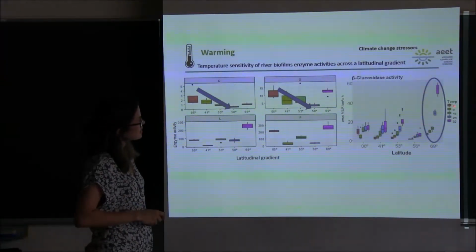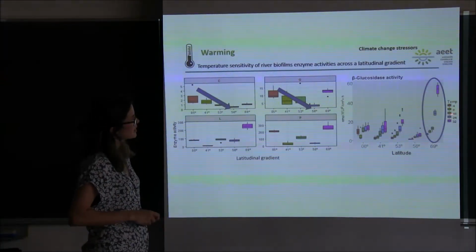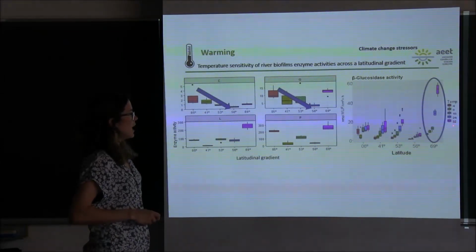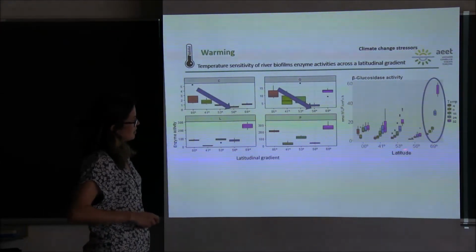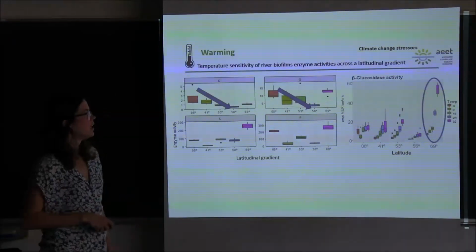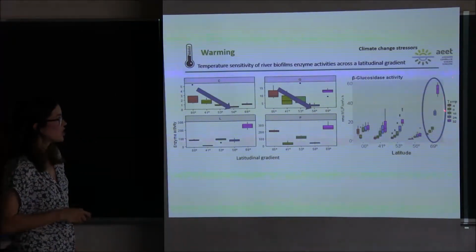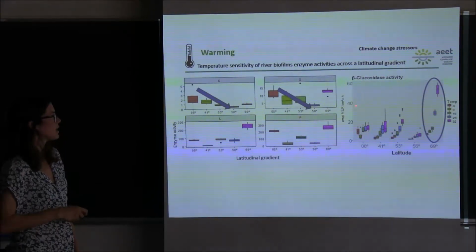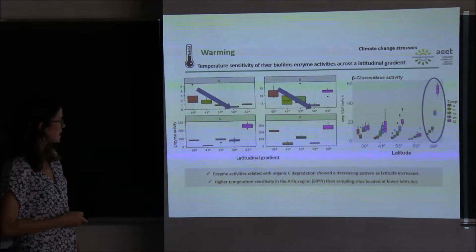And here are the different temperatures, 8, 16, 24, 32, at which we incubated the biofilms, again for the 5 sites along the latitude. What we observe is that at the Arctic site we see a higher sensitivity to temperature, as you can see here: with incubation at high temperature, we observe higher activities.